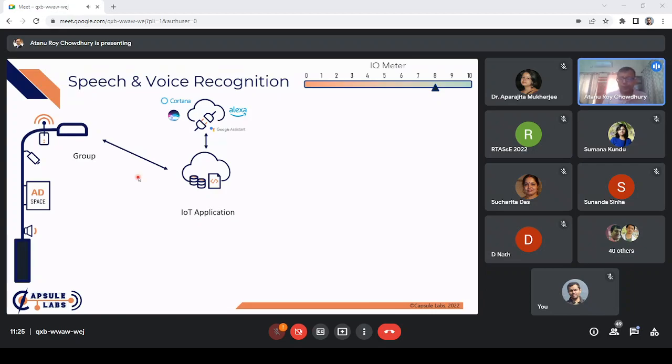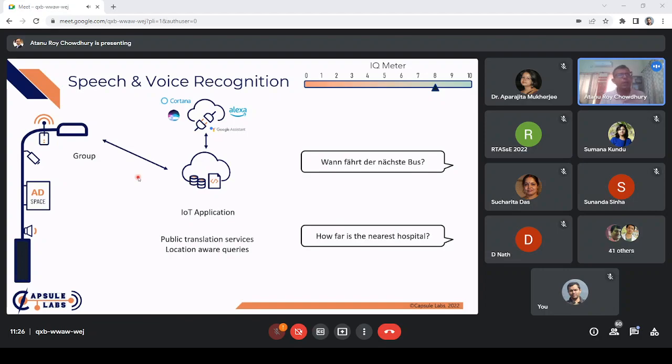Remember that the street lamp is a public utility, and in a city area, there could be multiple people coming in from different countries, different cities, who may or may not speak the local language. So I can have a microphone and a speaker plugged into the street light, connected with an Alexa or a Cortana or a Siri service, and ask it questions like public translation services. I can ask it location-aware queries about how far is the nearest hospital, because the street lamp knows its location. So it can give me responses relative to its current location.